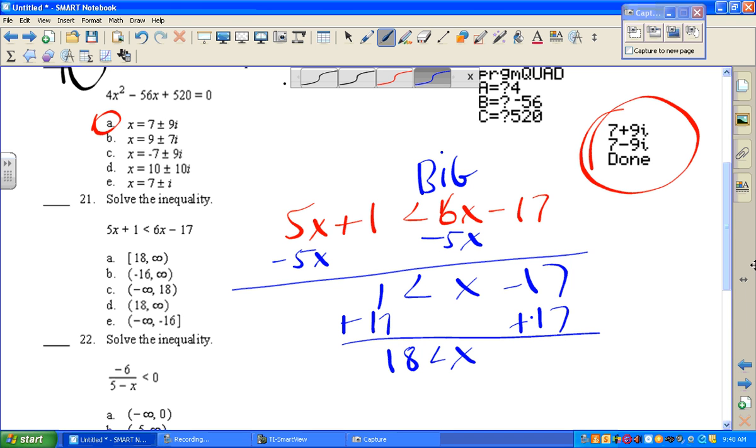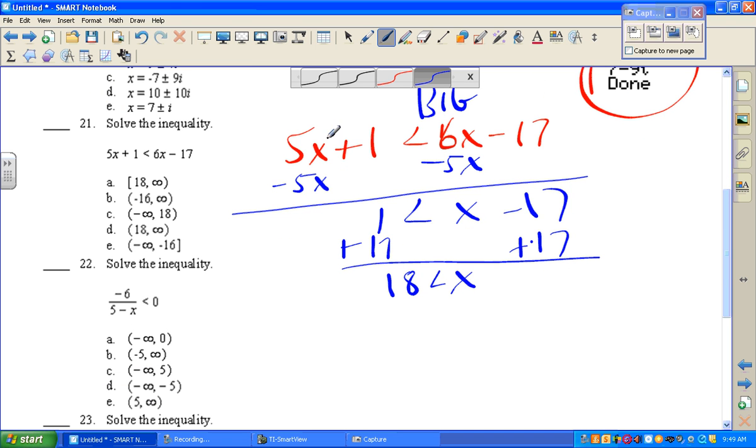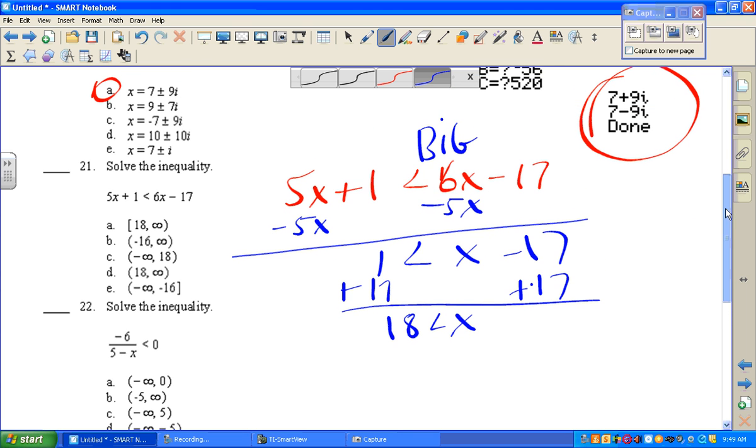How do you write this with the funny answers over there, Marissa? It's going to be parentheses, so that's out, and that's out. Isn't it A, the answer?